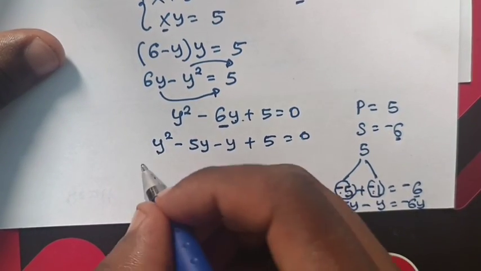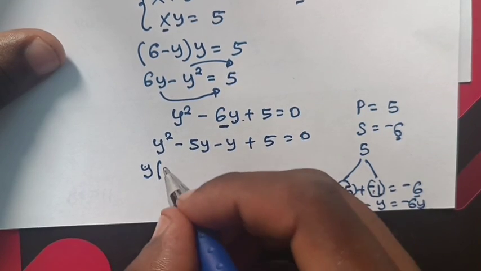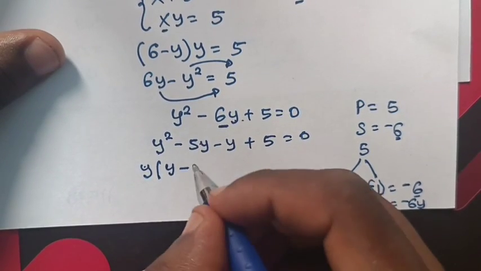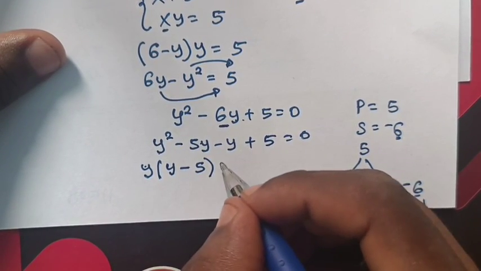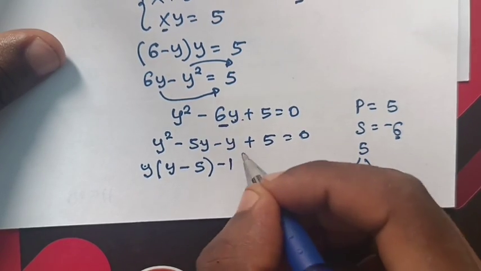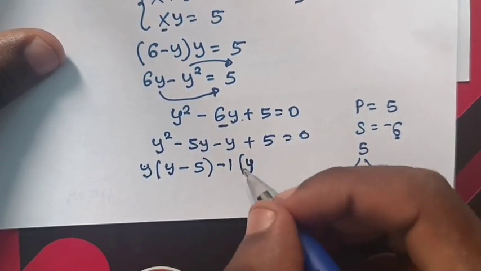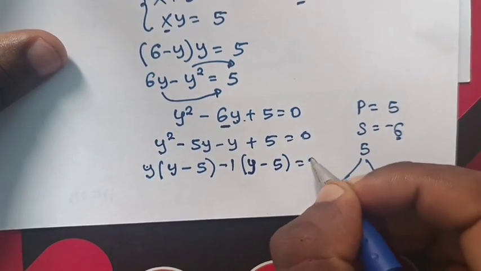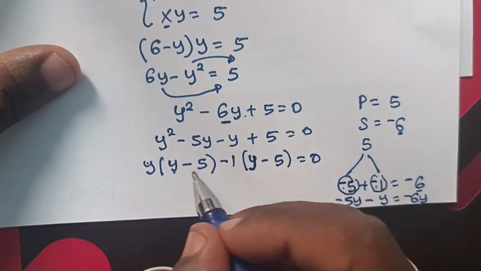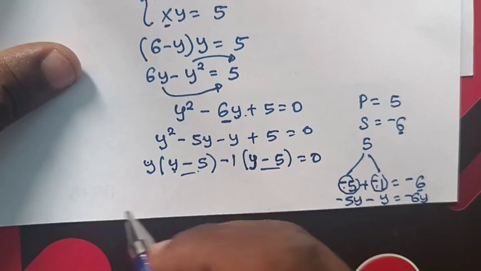Then here y is common. Y out of the bracket, this divided by this is y, minus this divided by this is 5, and then negative 1 is common. So this divided by this is y, this divided by this is negative 5, is equal to 0. Then y minus 5 is common.